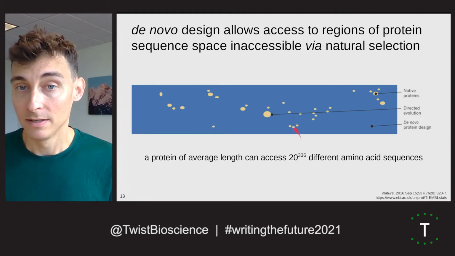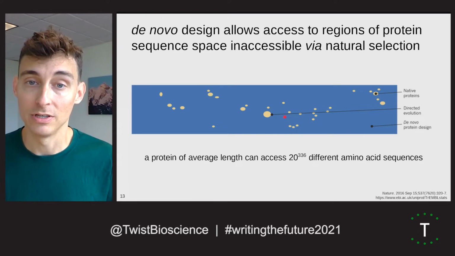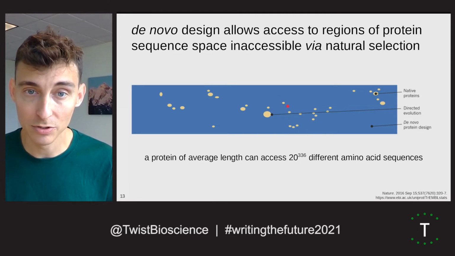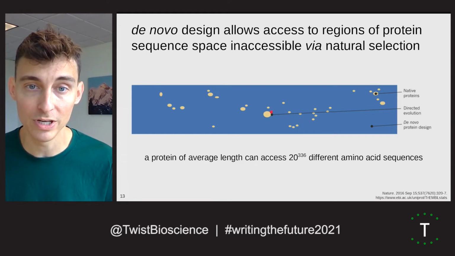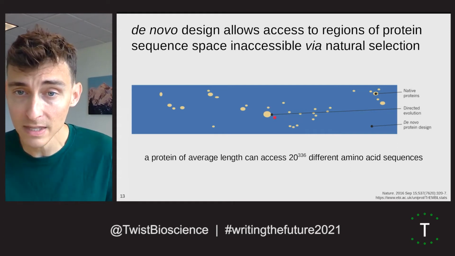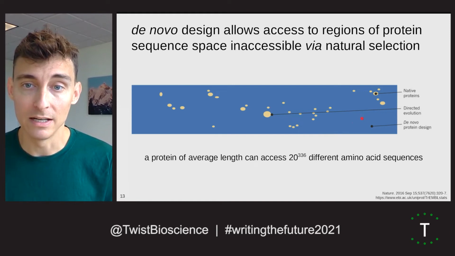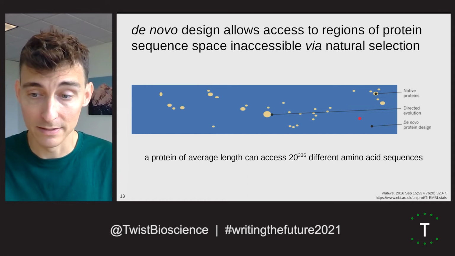And evolution has also sampled a fantastically small fraction, and it tends to be sampling things that are related to one another. Directed evolution can push back the bounds that you can sample, but still around regions of sequence space that are similar to things that have already existed. In de novo protein design, we're not bound by that, and we can go deep into these unexplored regions of sequence space using computational methods.